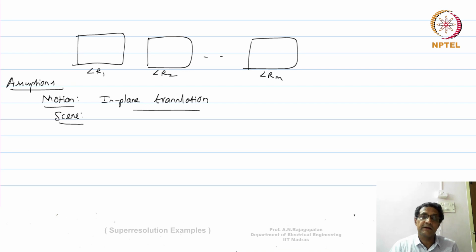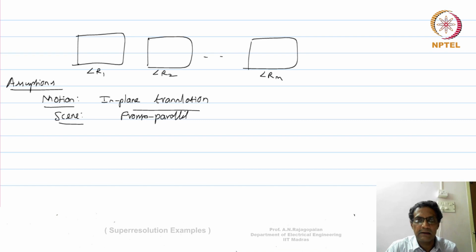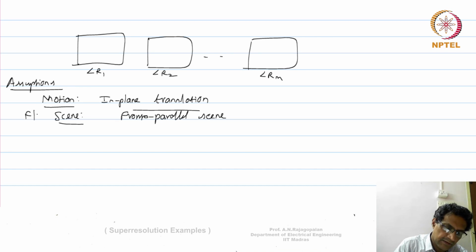We have assumed that it is in plane translation and the scene to be fronto-parallel. That means the camera sensor plane and the scene are exactly parallel to each other, and the scene is flat. Okay, a flat scene which is actually fronto-parallel. That means there is no 3D in the scene to introduce parallax.